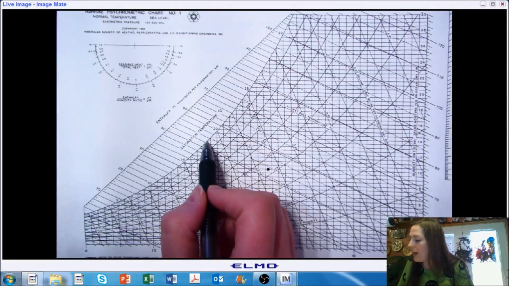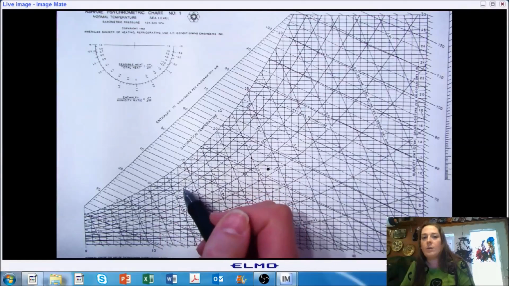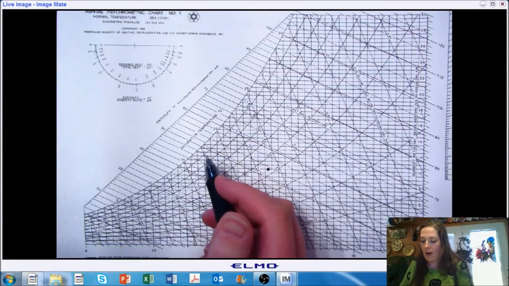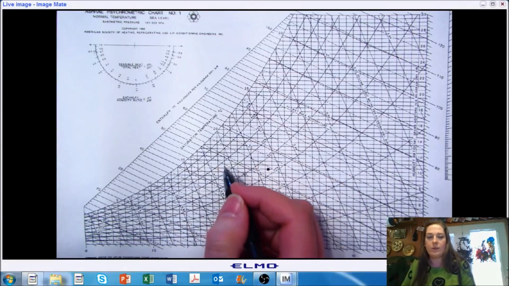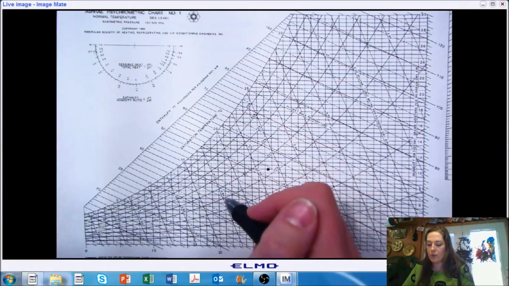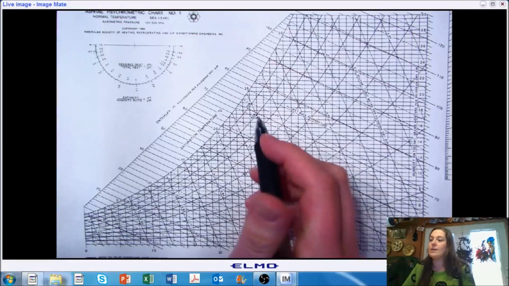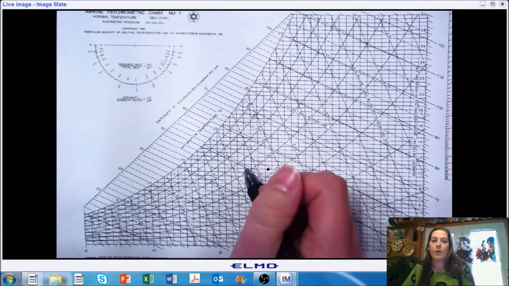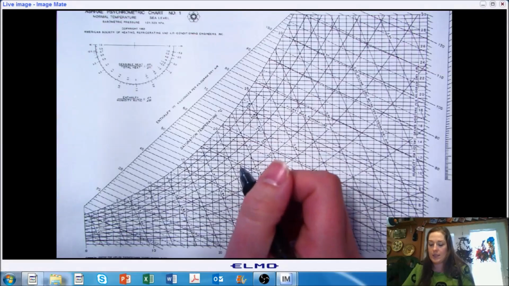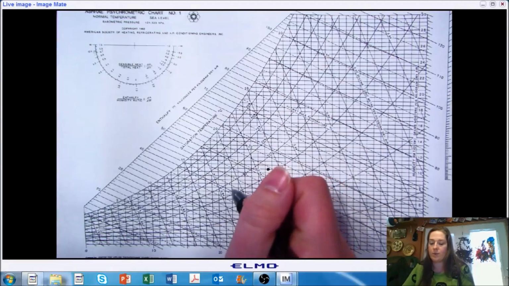We're between 18 and 19. This is 20, 19, 18, and we're landing somewhere right in here. We're going to call it 18.5, 18.8, somewhere in there. I've called it 18.8, but if you're close to that, then you're okay. One of the things you'll realize with the psychometric chart is that the most likely error is reading the chart. It can be very tedious, and so human error is the most likely thing you're going to come across.